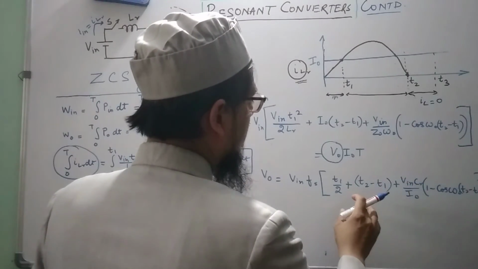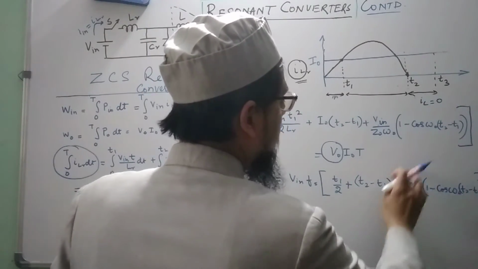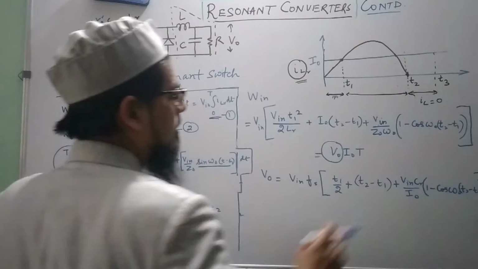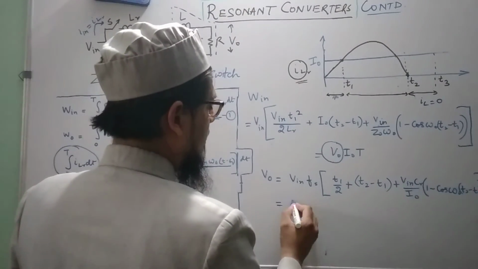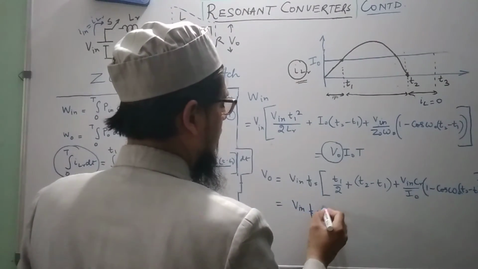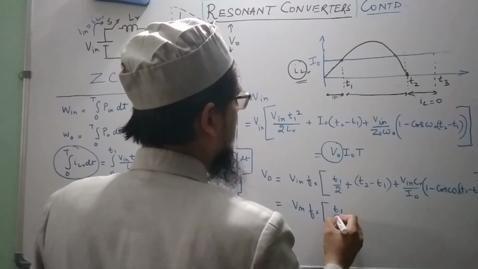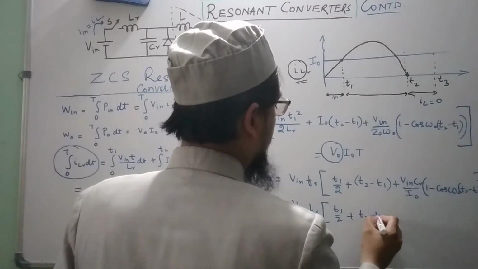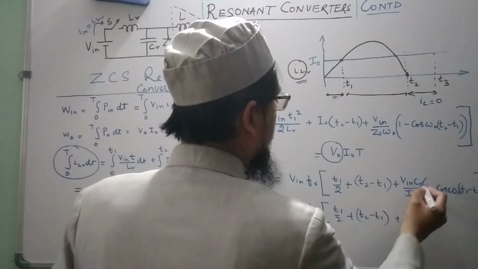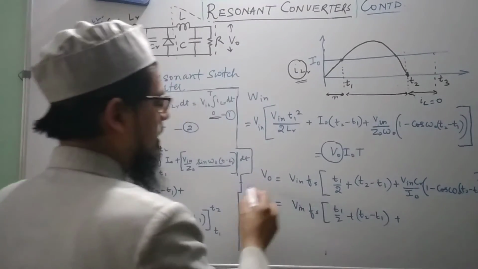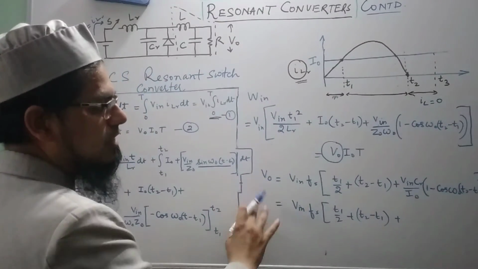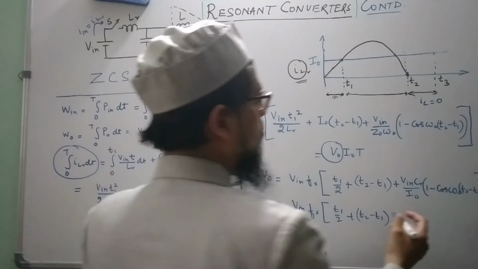Again we can replace this term and we can write it as Fs T1 by 2 plus T2 minus T1, and this term is nothing but, which I had actually mentioned here, which I erased it, it was T3 minus T2.